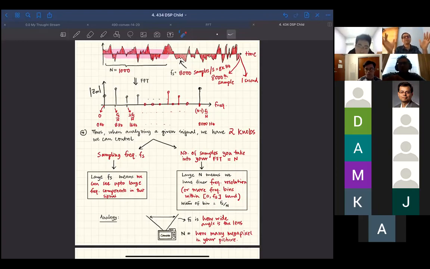You can only see up till 500 hertz. But at what resolution will you see? You will see that at the resolution of how many N that you pick.